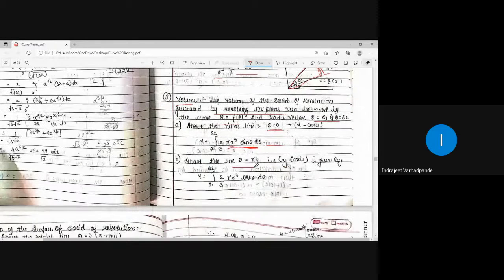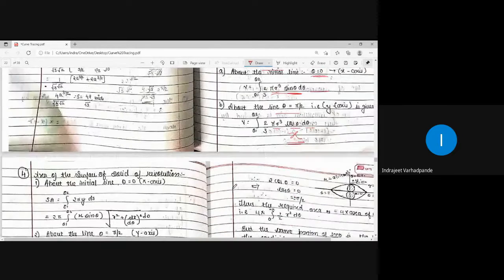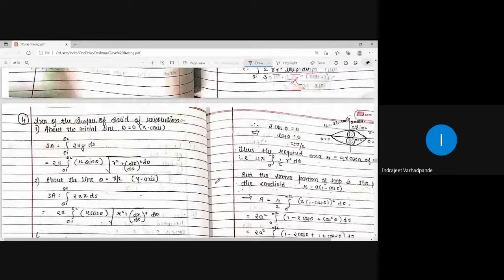Next, about the line theta is equal to pi by 2, that is the y-axis, the formula involves x, and we know that x is replaced by r cos theta. Therefore V is equal to integral theta 1 to theta 2 of 2 by 3 pi r cube cos theta d theta. Kindly remember the formulas well so that we can easily find the required quantities.